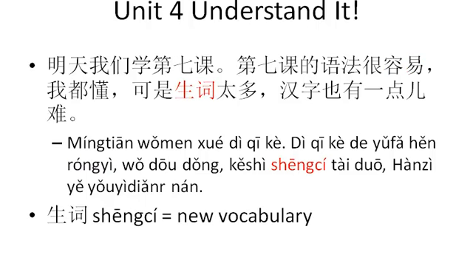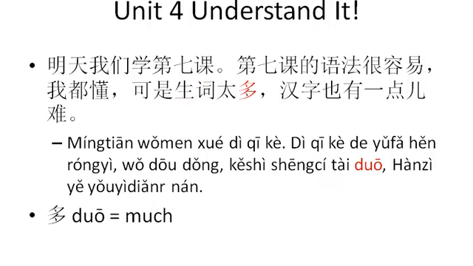Okay. Then we have 生词. 生词. 词 means a word. And 生词 is a word that the Chinese use for new vocabulary. 可是生词太多. 太多. 生词太多. Right. 多, you've learned 多 before. Too much, too many. 多.